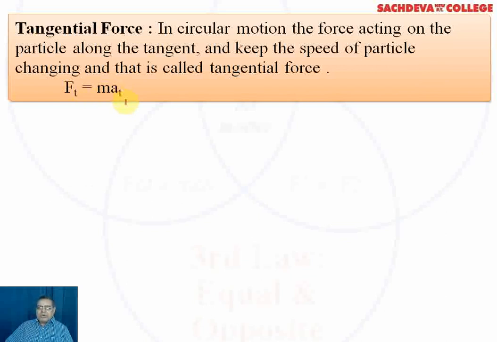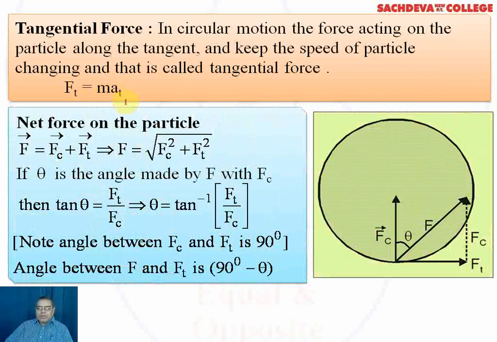The direction of acceleration is always towards the force. Now we can see the diagram. In the diagram, F is the net force, and the centripetal force is inclined at angle theta to F. Fc is the centripetal force, Ft is the tangential force.